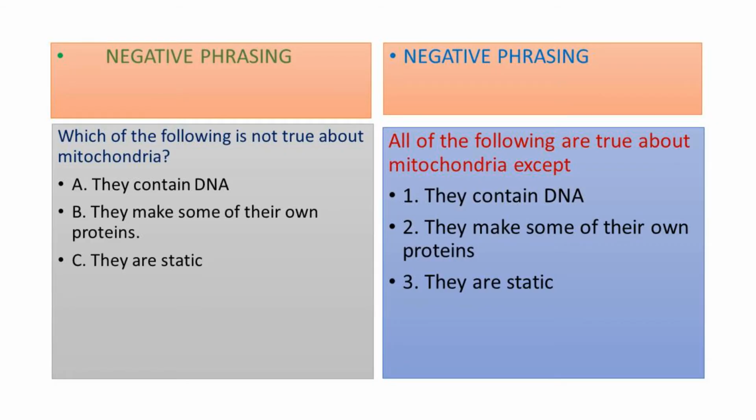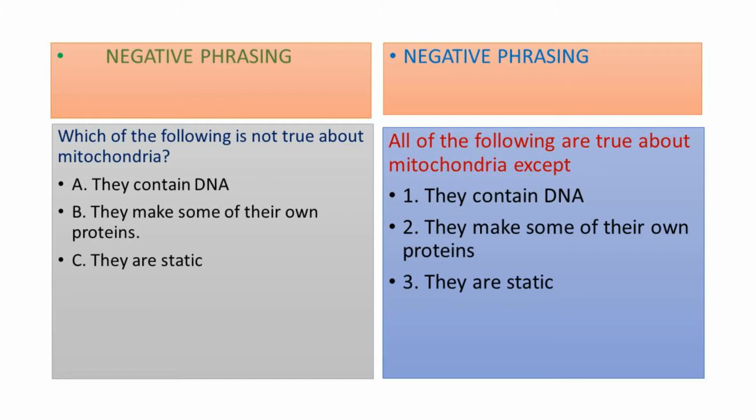You can see in the above example, negative phrasing: which of the following is not true about mitochondria? One, they contain DNA; two, they make some of their own proteins; and three, they are static. Now you can see in this negative phrasing: all of the following are true about mitochondria except they contain DNA, they make their own protein and they are static.